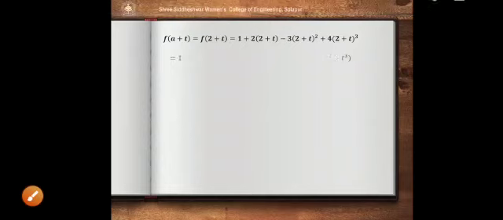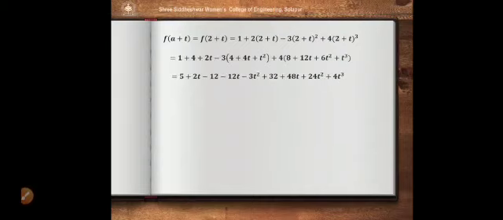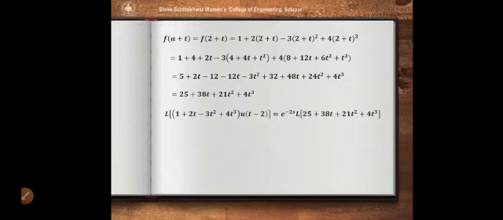So on simplification we get this next step. On more simplification we get this step, and the most simplified f of 2 plus t is 25 plus 38t plus 21t square plus 4t cube. So this is your f of 2 plus t. Now we have to find its Laplace transform.